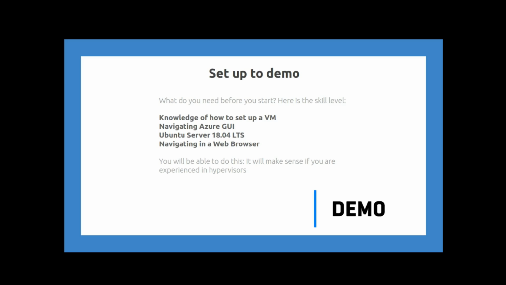I'm just going to show you the difference of setting it up on the production machine and setting it up in Azure. The software that we're going to be using today is Ubuntu Server 18.04 LTS, and knowing how to navigate in a web browser will also help.